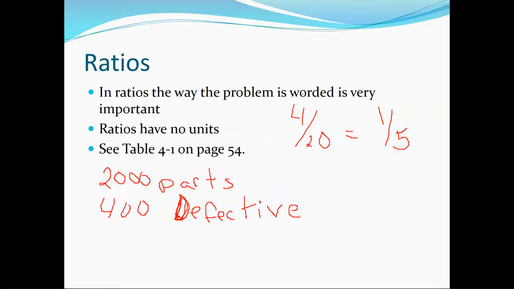Okay, so what if I said, what is the ratio of defective parts to my acceptable parts? What is my ratio of defective parts to my acceptable, my non-defective parts? Well, for that, we're going to have to do a little what? So my defective parts, once again, we have 4.